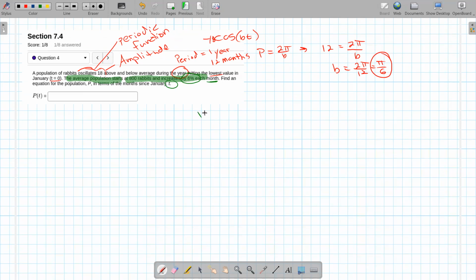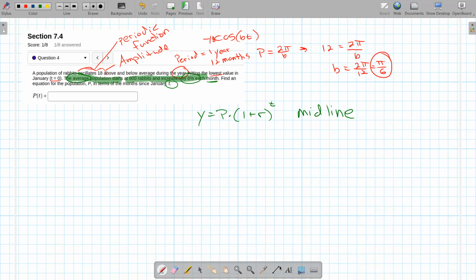That is back to a formula that looks like this: the starting amount times 1 plus r to the power t, like the compound interest formula, and 6% is our interest. So that right there, our average, that's our midline. Instead of having a steady midline, we have an increasing midline, and that increasing midline is an exponential function right there.